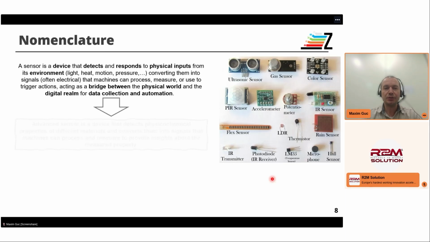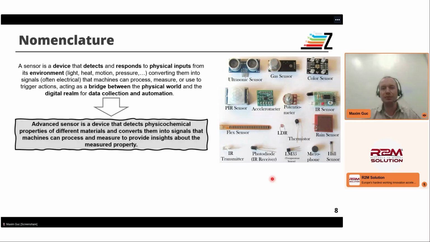But what do we mean by advanced sensors? If we are thinking about the topic of material science, then advanced sensors will bring this bridge between the digital realm and some physical properties of the materials composing our devices or our structures that we aim to analyze.